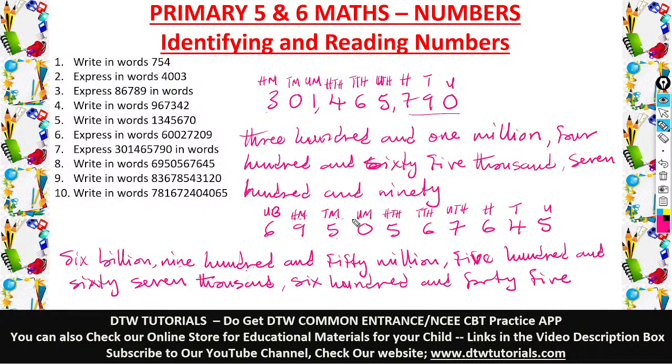These three are in million. Then five, this five is in hundred. 567,000, since these three are in thousand. Then 645. You see that? Let's finish the rest.